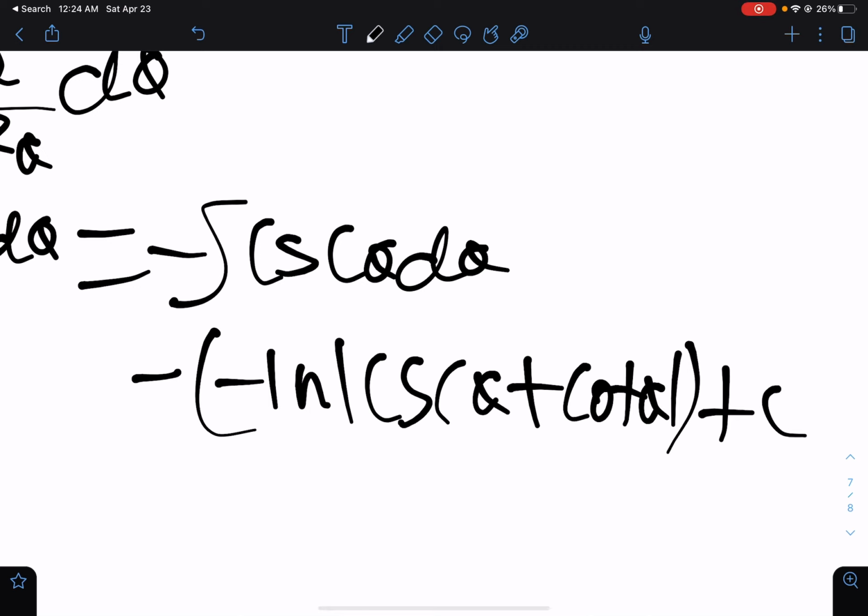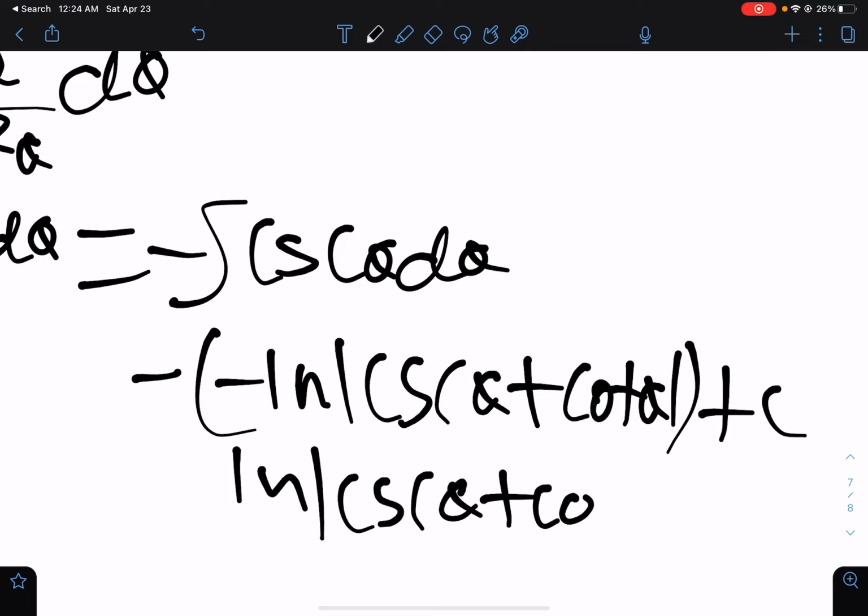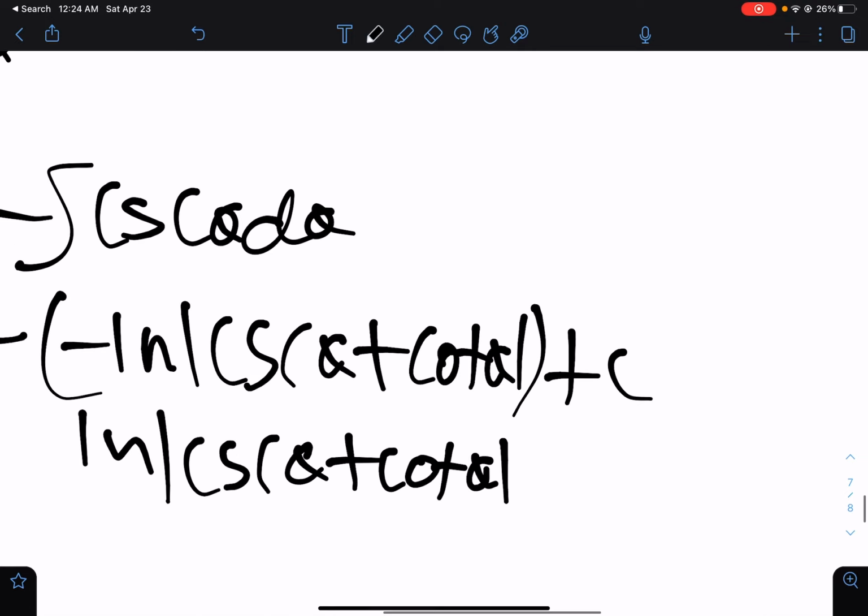And we're obviously having our arbitrary constant, so this is going to turn into negative natural log of cosecant theta plus cotangent theta, and then this is plus C. Okay?